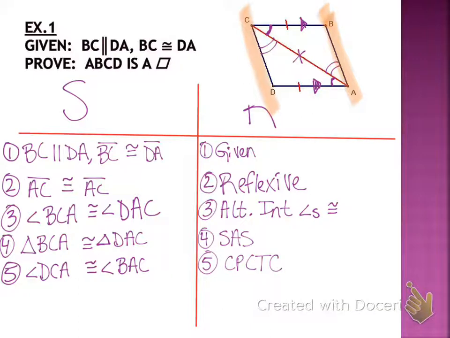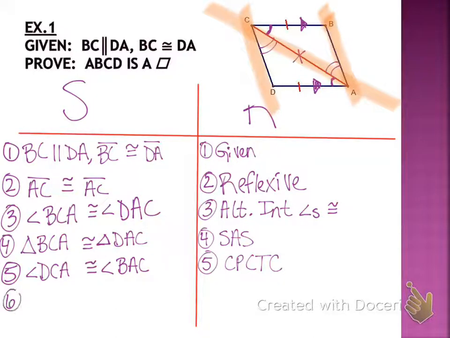We're still going to think about the same transversal cutting them. But again, what's the relationship between those angles that we put two arcs in? They're alternate interior angles. And if alternate interior angles are congruent, which we just said they were, then what does that mean about AB and CD? They're parallel.